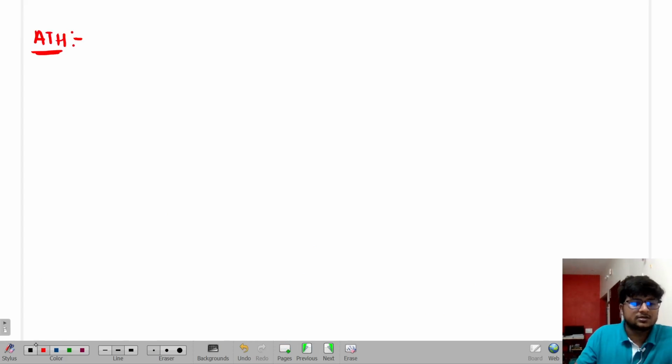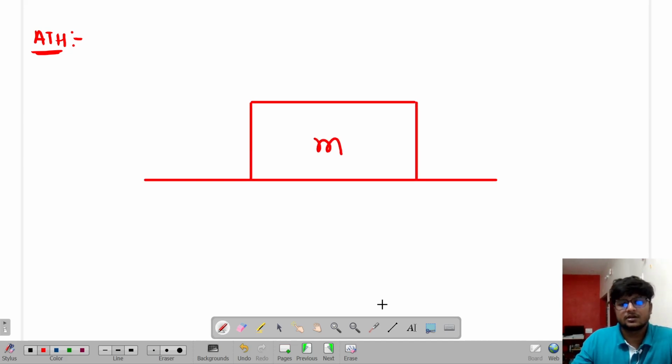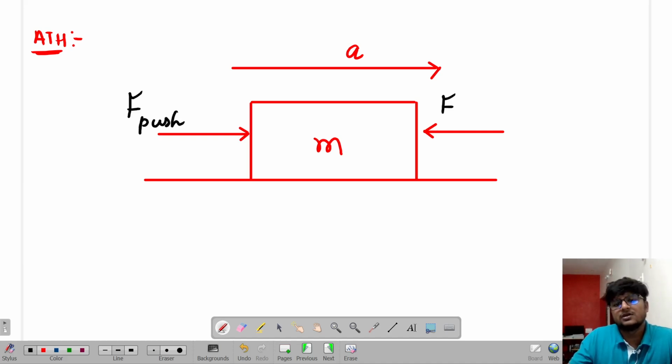See, on a surface, let's suppose there is a body of mass m, and there is F which is pushing it, or pulling it, and then there is an acceleration along this side. So look over here, there are two kinds of forces: F which is trying to push, and F which is trying to oppose.